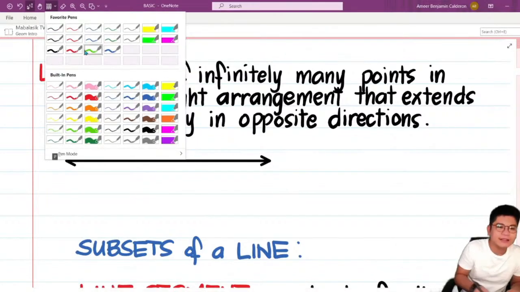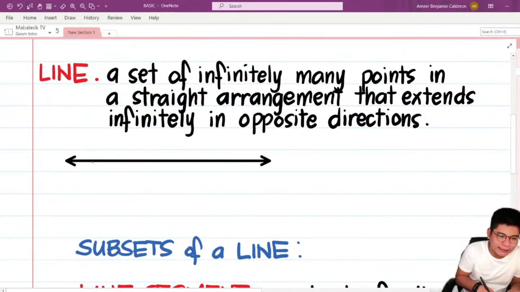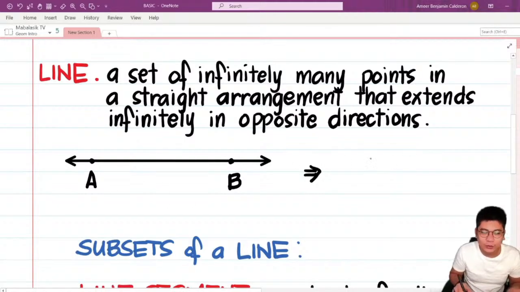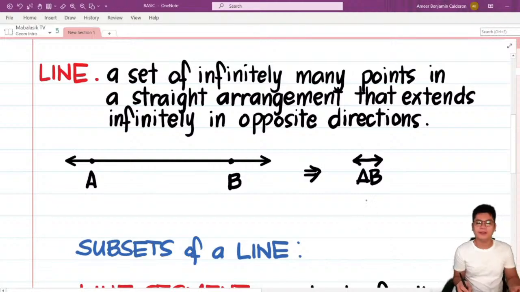Okay, let's take 2 points on the line. So for example, this is one point, point A, and this is another point, point B. Therefore, this whole thing that we just drew is line AB.